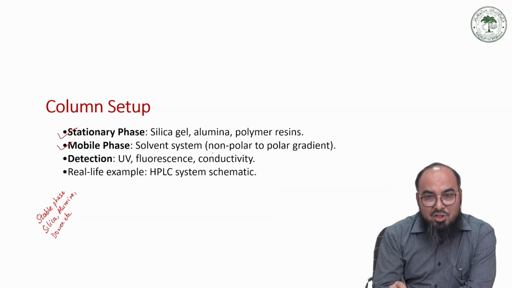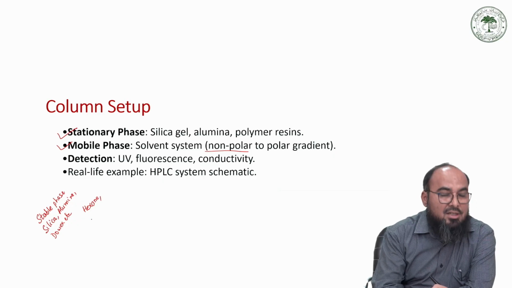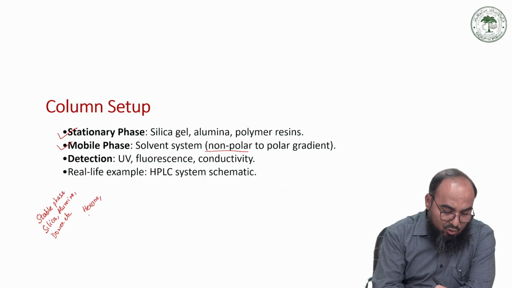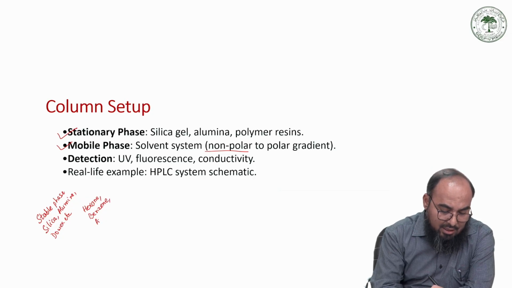For example, we have to start from non-polar, initially from hexane. Then after hexane, we move to benzene. Then we move to polar solvents like acetone, then to more polar like methanol.